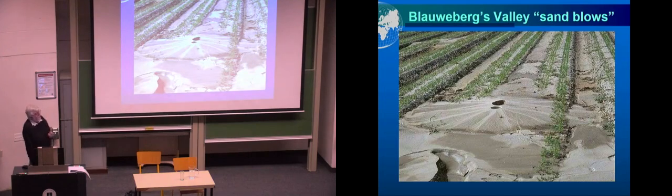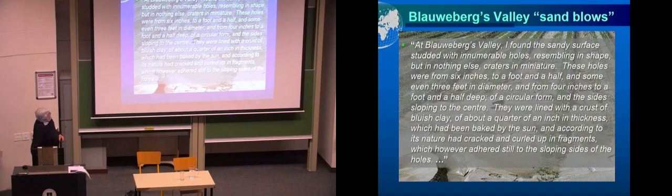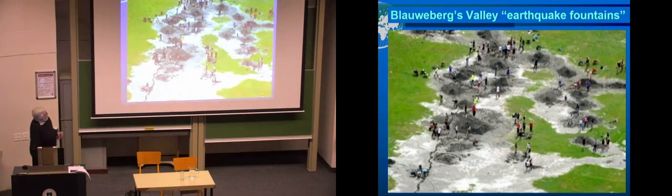There were these things they called sand blows, and these were the so-called volcanic craters. And again, this is from a New Zealand example. These innumerable holes resembling in shape but nothing else craters in miniature. He goes on to describe these and the way they were lined with clay. And again, this is from Christchurch in New Zealand.